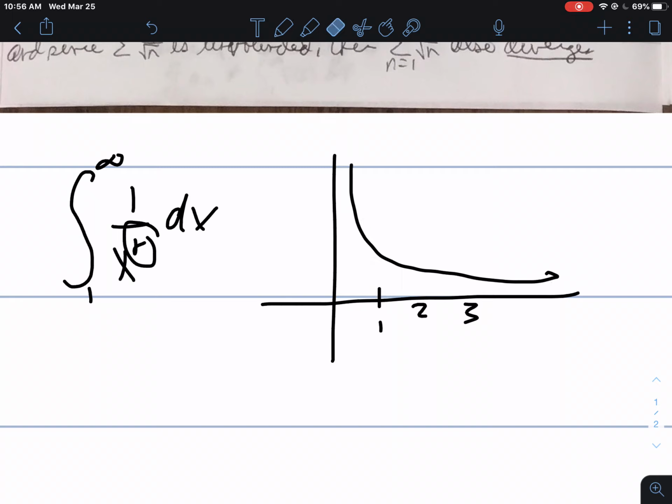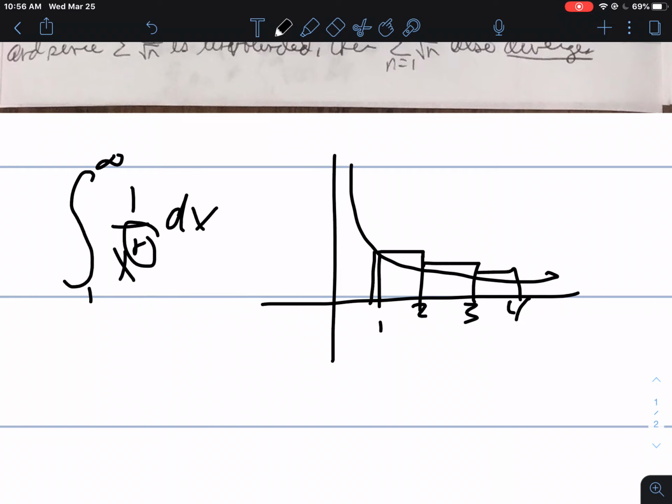When we draw the rectangles above the curve, so using the left endpoint as our boundary point, like we did with our second example, and so then I used 2, and I used 3, okay? In this case, the area of the rectangles was larger than the area under the curve as x goes from 1 to infinity.